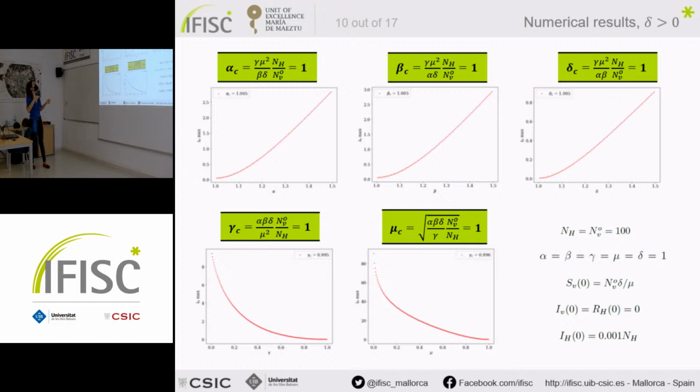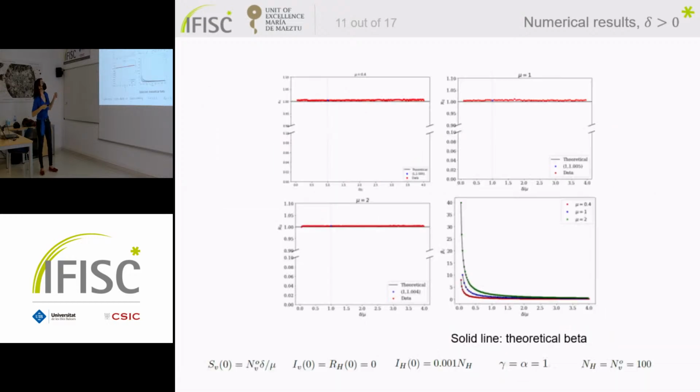We see that the value coincides pretty well with the expected, with a relative error of 0.5%, and the same for all the other parameters. So we say that R0, in the case where we have used the initial condition of vectors in its equilibrium state, is fulfilled.